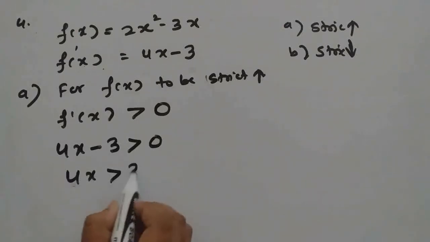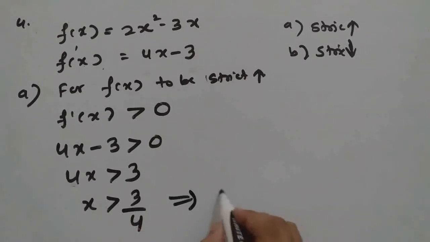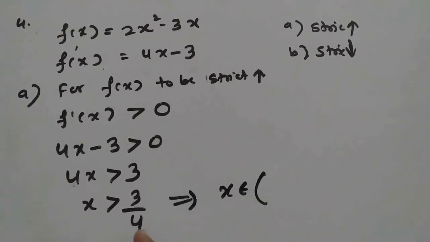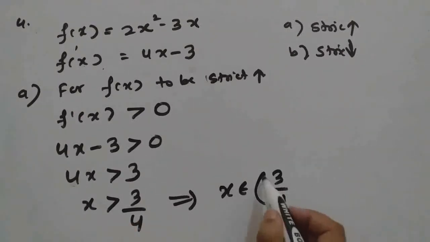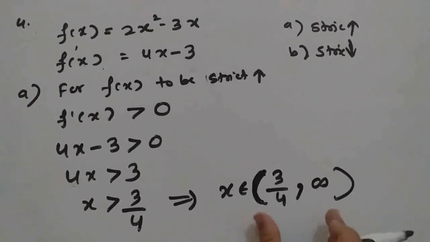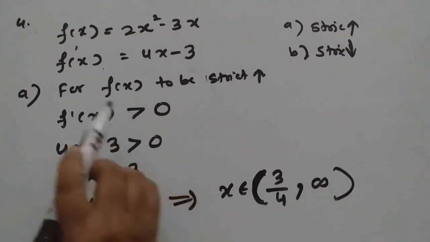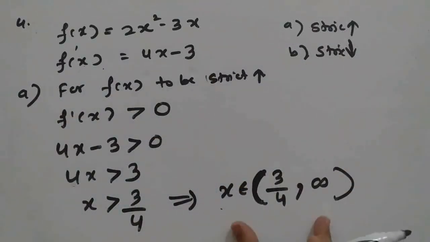So 4x greater than 3, x is greater than 3 by 4. That means the interval we should write: x belongs to all the values of x greater than 3 by 4, not equal to, so an open interval, 3 by 4 to infinity. X belongs to this interval. So for the first part, strictly increasing, x should belong to this interval.